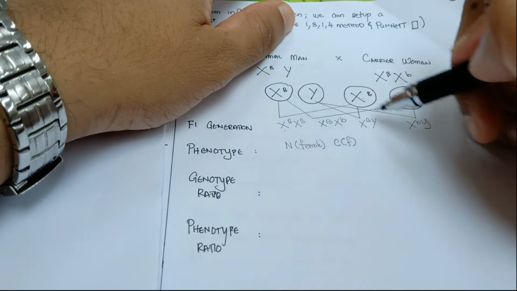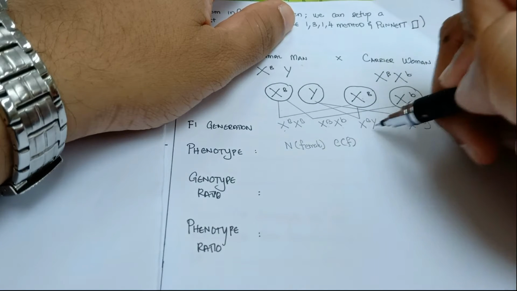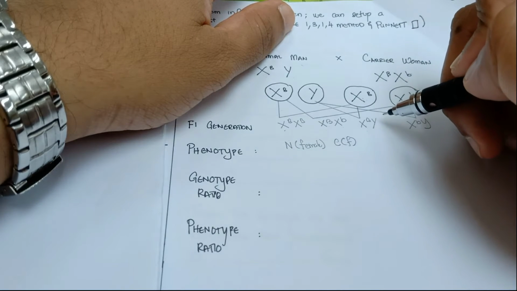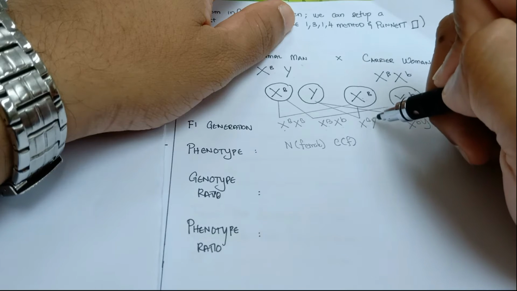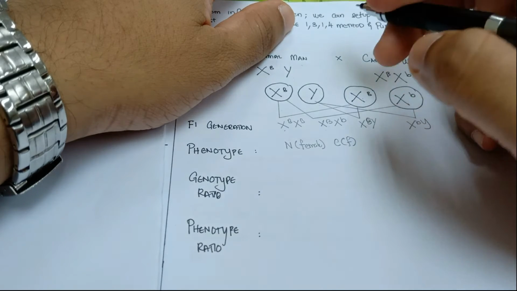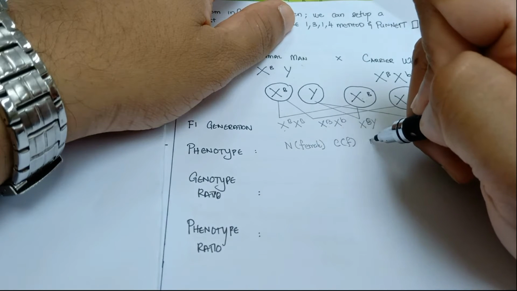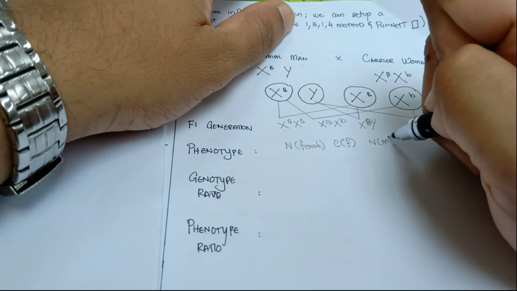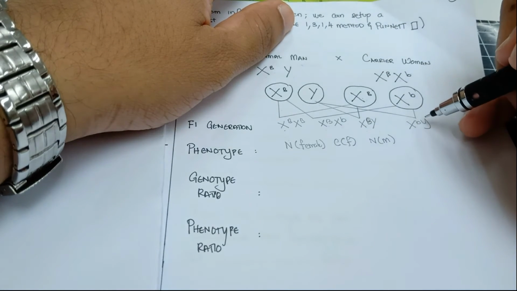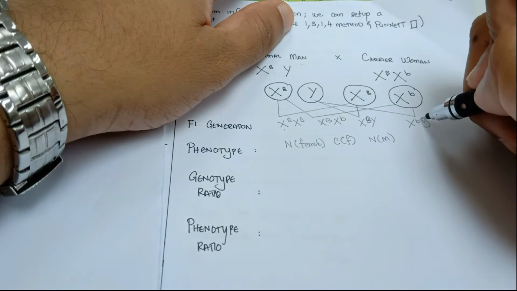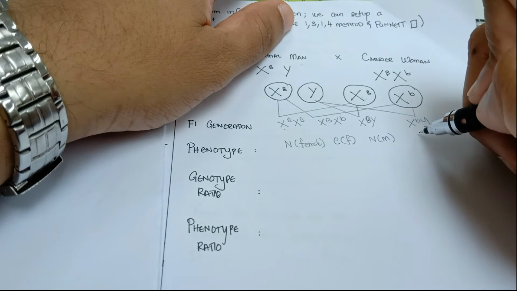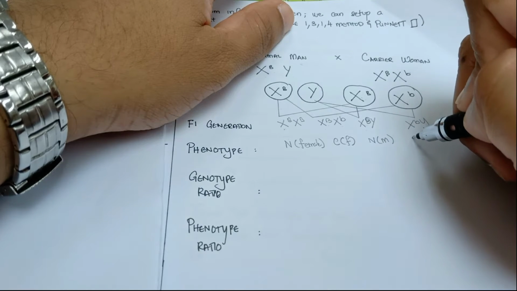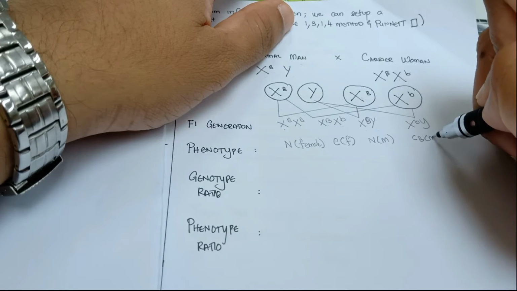Now look at the male one here. I have X and Y. I followed alphabetical order. This is normal, because this is a capital B. This is a normal male. Likewise this side I have X with a lowercase b and Y. So this is a colorblind male.